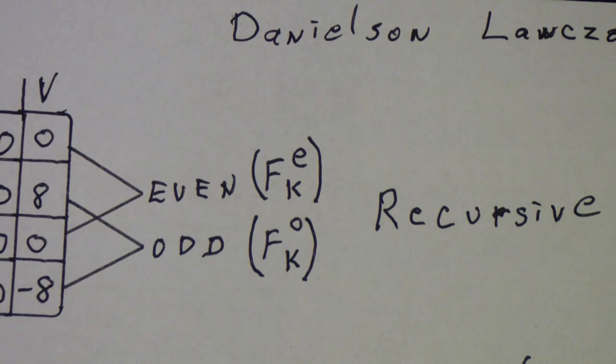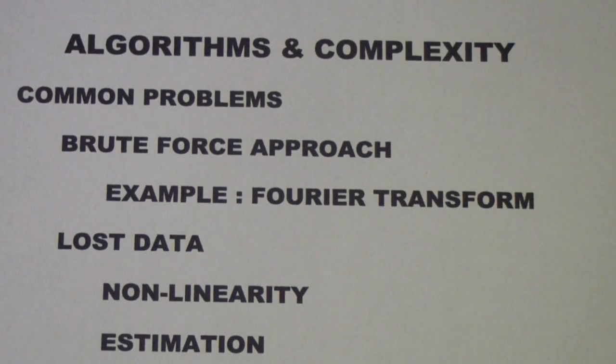So how is that useful, given that we already have the FFT? Well, I have put together a list of some ways of looking at algorithmic complexity that have proved fruitful for others in the past, including myself. One of the things is to recognize the common problems that occur when you're writing an algorithm.